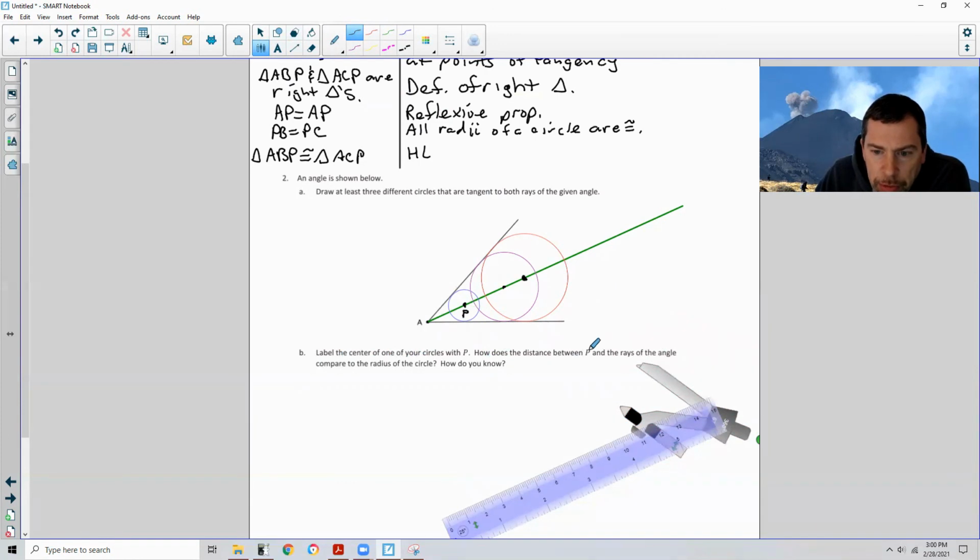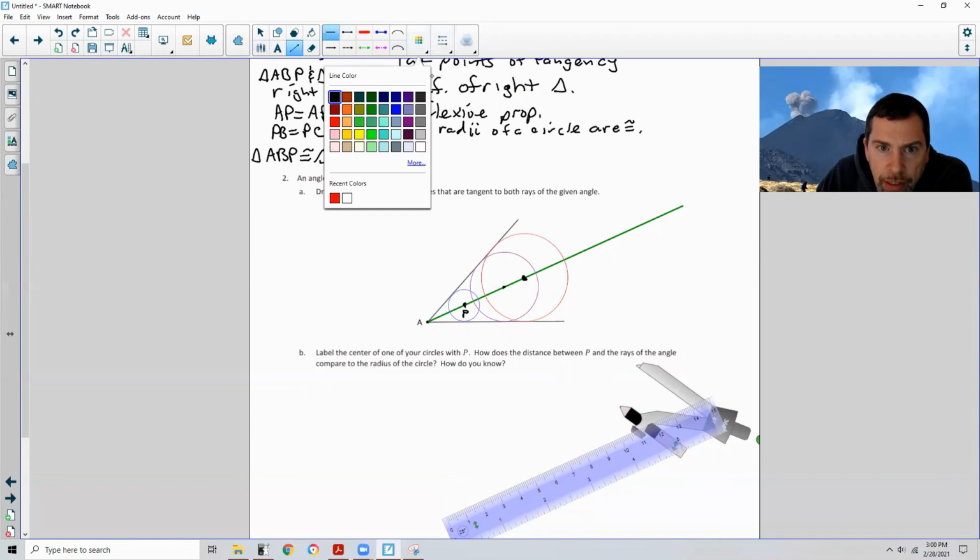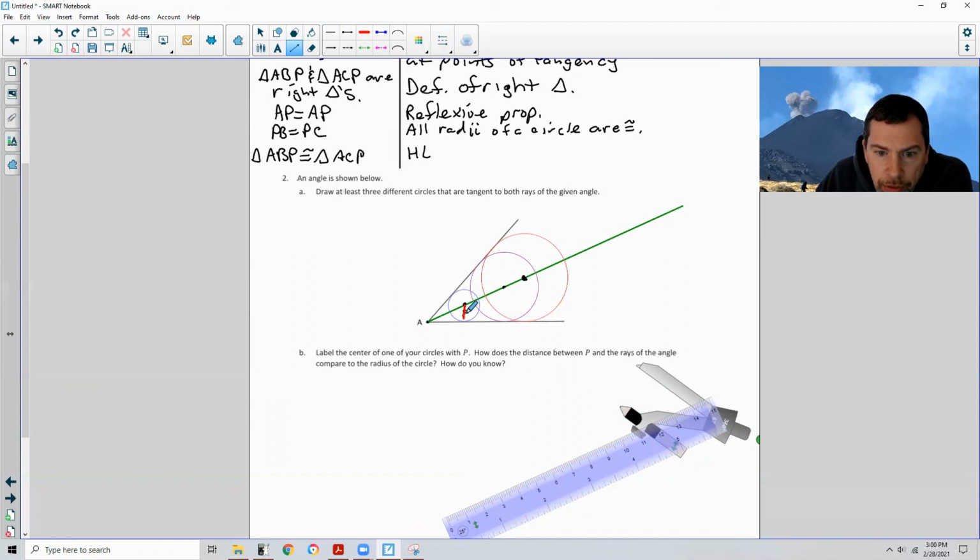So what they're saying is, if I drew a line segment now from P down to the rays of my circle, like so. This one's off a little bit. Like that. How does the distance between P and the rays of the angle compare to the radius of the circle? Well, they're equal.